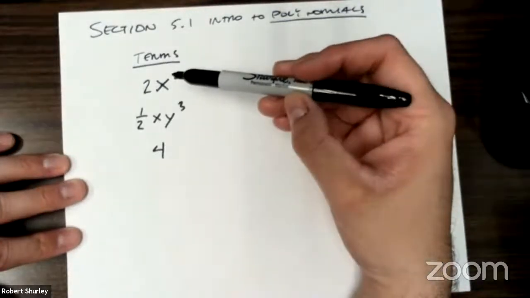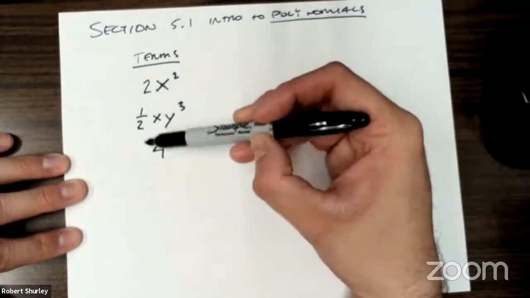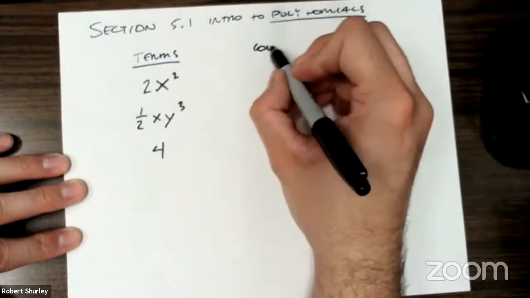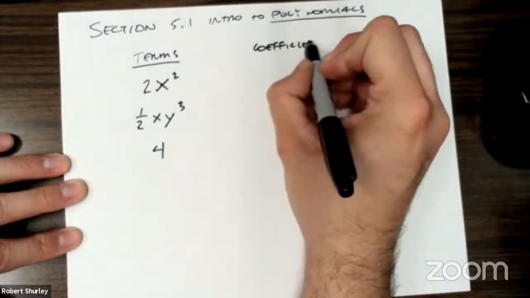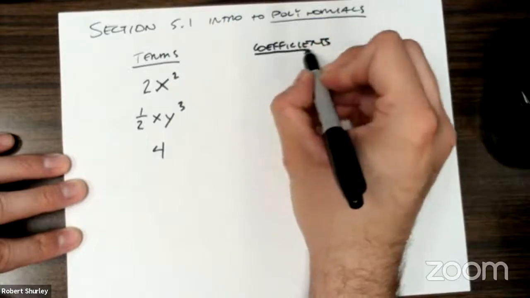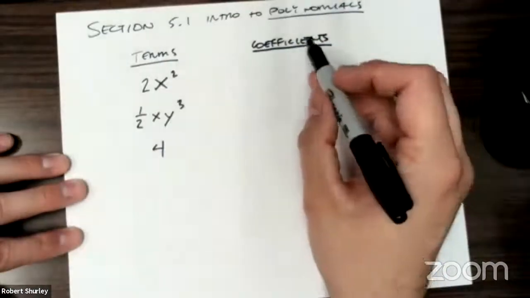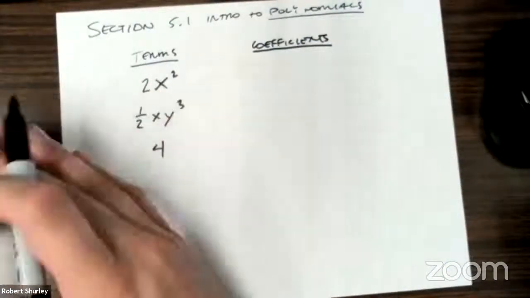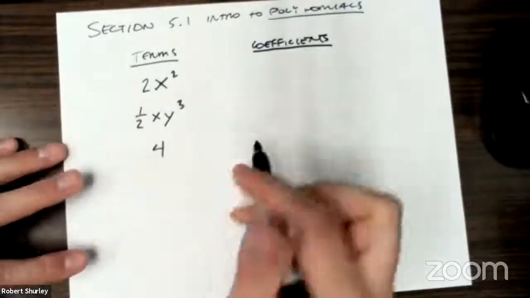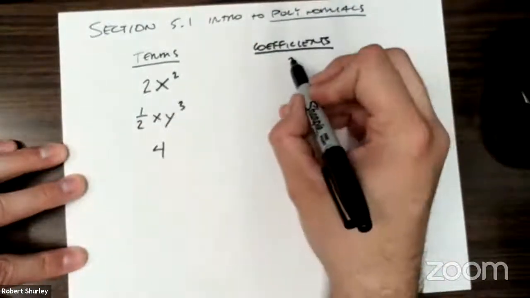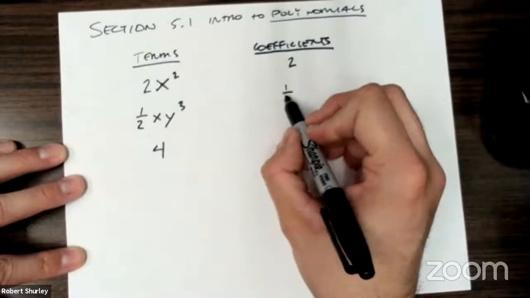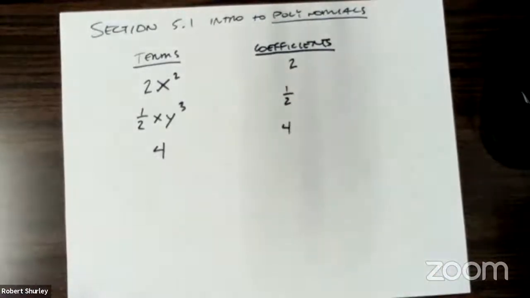Now, the number in front of the variable is considered the coefficient. So your book kind of starts there with coefficients, which are going to play a big part later on in college algebra, actually. The coefficients tell us a lot once we start graphing and making these equations. But let's define those. So the coefficient is just the number in front. So 2, 1/2, and 4.